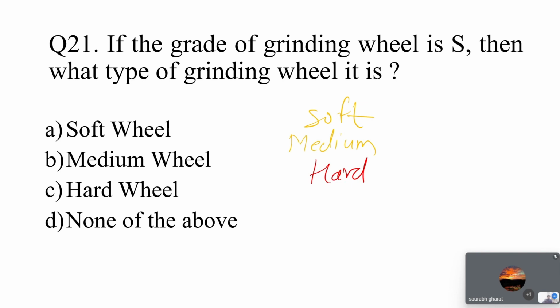From A to H is somewhere in the soft range. You must know this. So S means it comes in the Q to Z range, and the Q to Z range is for hard.